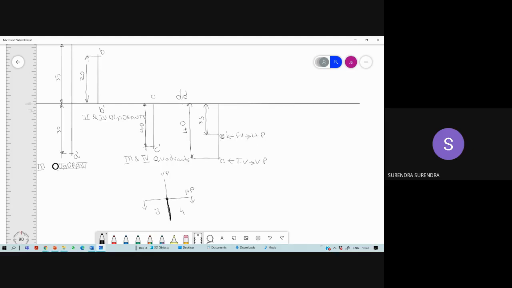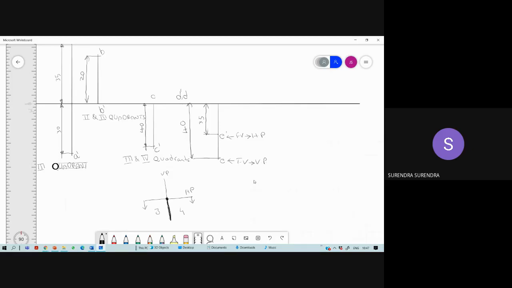If you remember this one condition, you can solve any problem in this sheet. Not only this problem, any problem in this sheet. So E dash front view 35 mm below XY means E is 35 mm below HP. And the top view is also below the XY line. So top view below XY line, when?